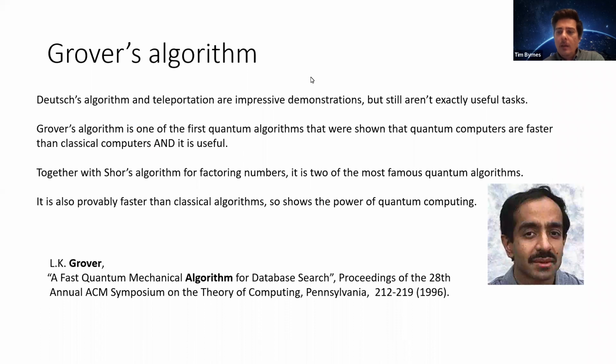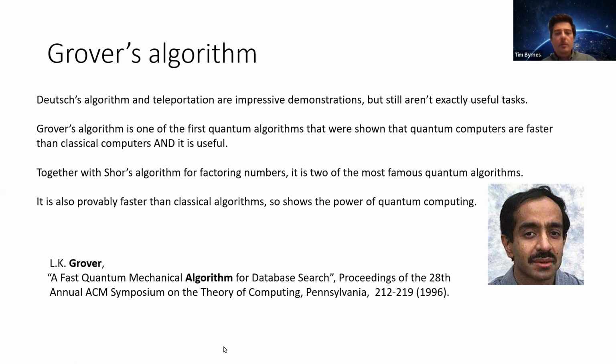Just to give you a bit more background on Grover's algorithm, this is Mr. Grover here, an Indian guy, and this was one of the first famous quantum algorithms. Deutsch's algorithm is perhaps the first quantum algorithm that shows a quantum speed up, but as we've discussed, they're not particularly useful algorithms.